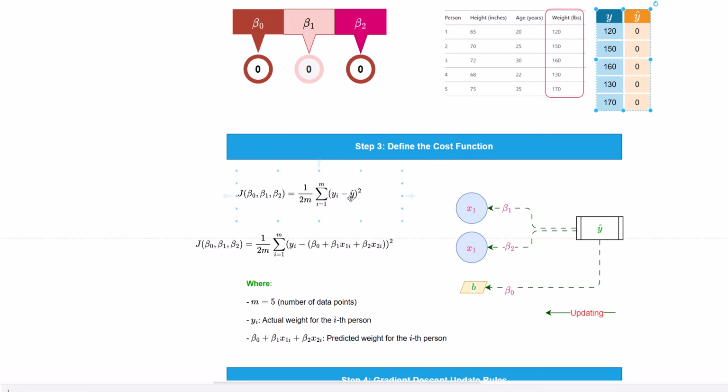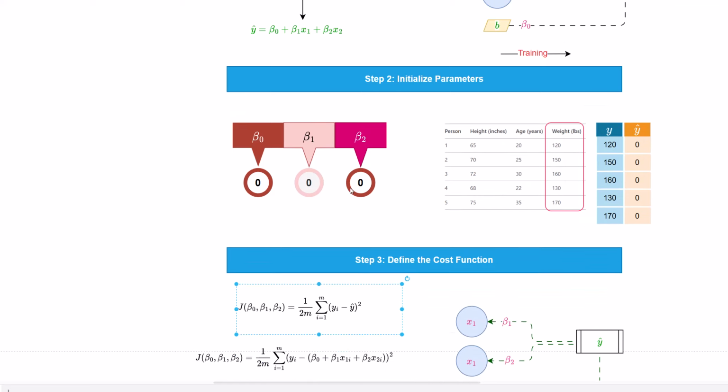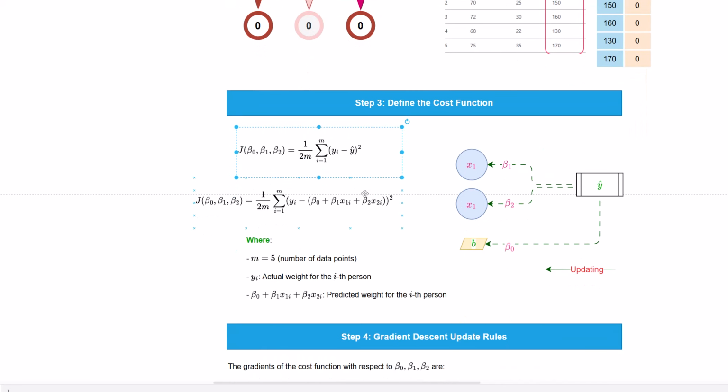But as you can see here, what is y hat? If you see only y hat here, I need to replace it with this formula. So that's why I need to add it here, to update the weights of each parameter.